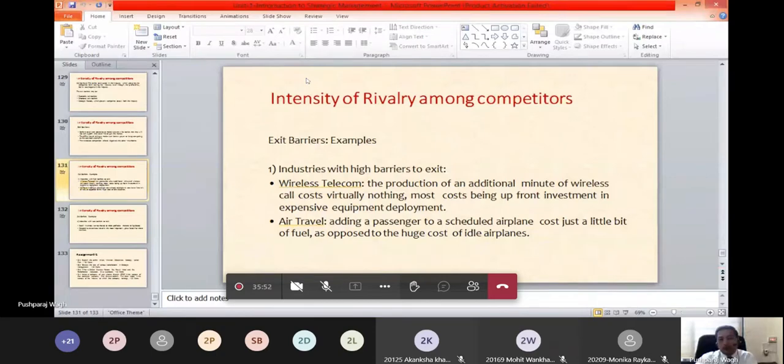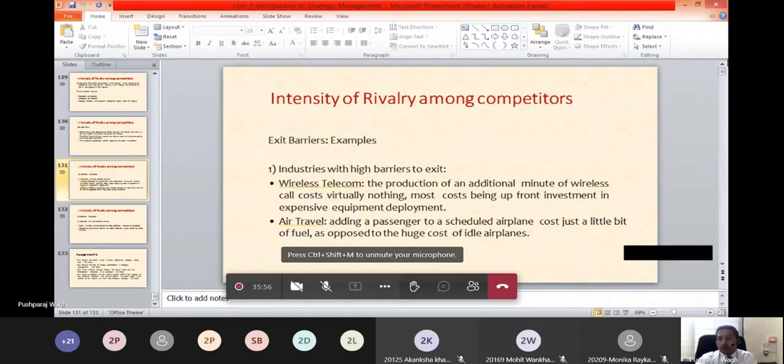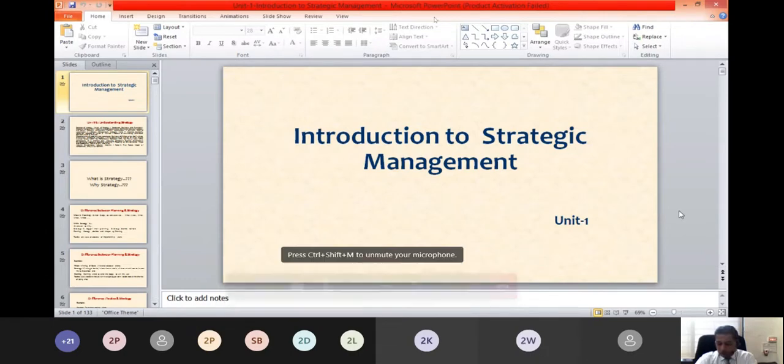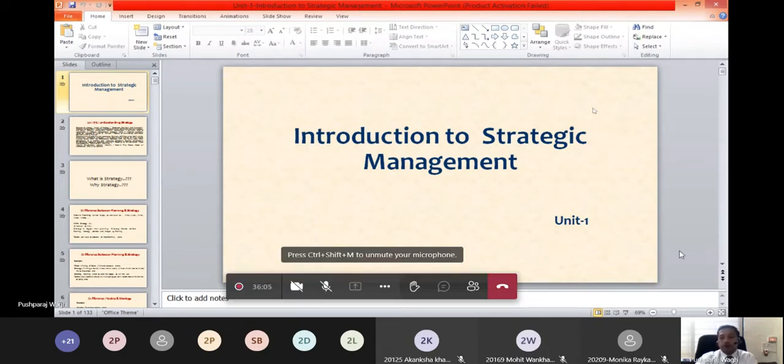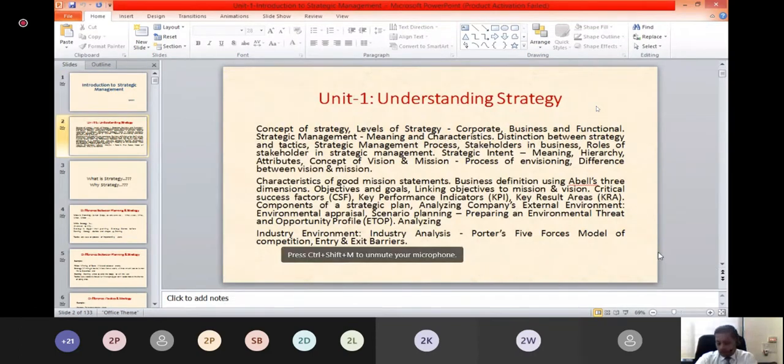So this unit is over, and what we'll have is a quick recap of what we have discussed in this unit, and then I will give you one assignment on this unit. Then in the next session, we'll start with unit number 2.